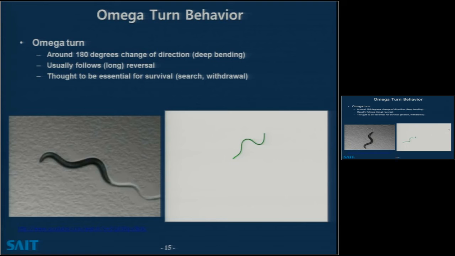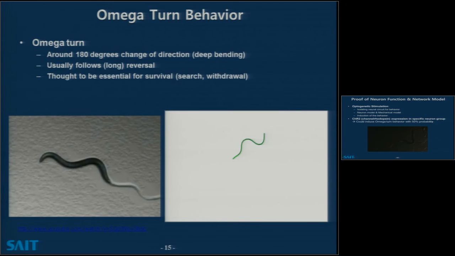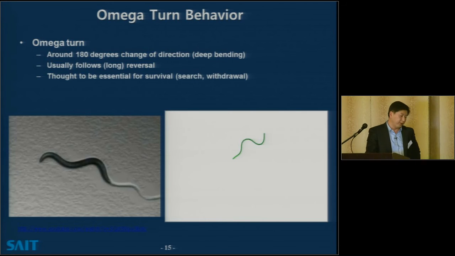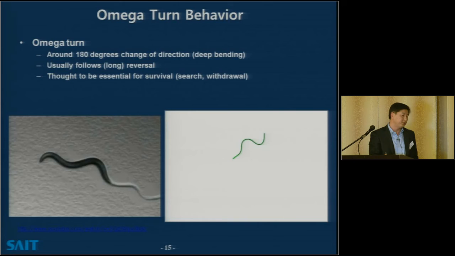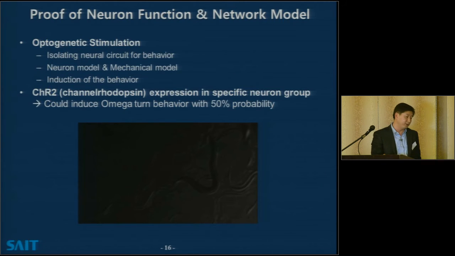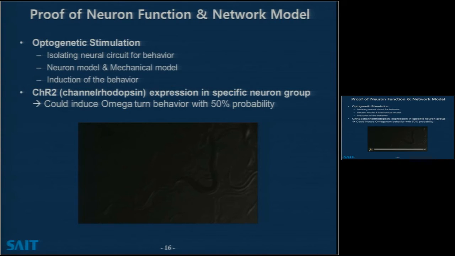After this study, we need to justify which neuron, and whether it's really essential for reflecting this activity. So another step to justify and to know, what we did is some optogenetic stimulation.